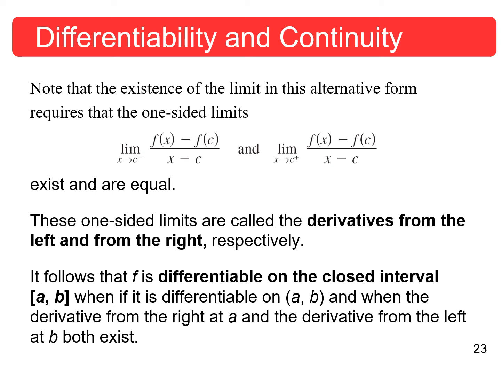Now it follows that f is differentiable on the closed interval a, b if it is differentiable on the open interval a, b, and when the derivative of the function exists from the right of a, and also the derivative exists from the left of b.